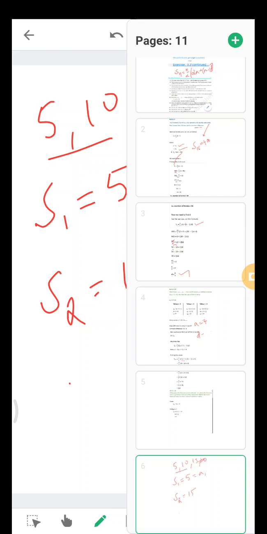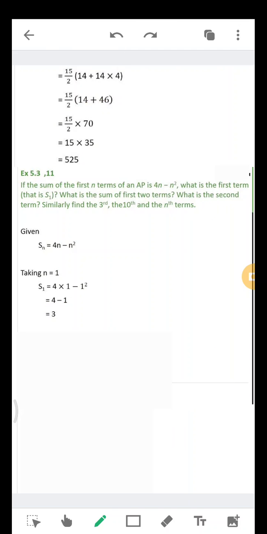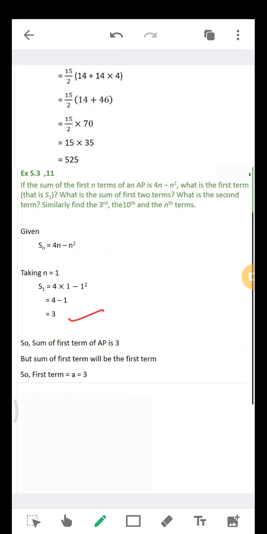Let's continue. So we found S1, that is your first term. The sum of first term of an AP is 3 only: S1, 4 into 1 minus 1 square, that is 4 minus 1 is 3. The sum of first term will be the first term only, that is a is 3.